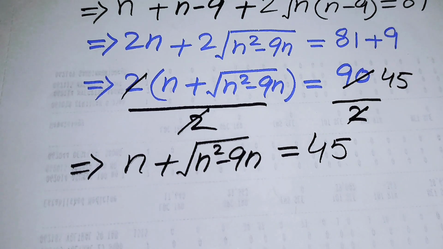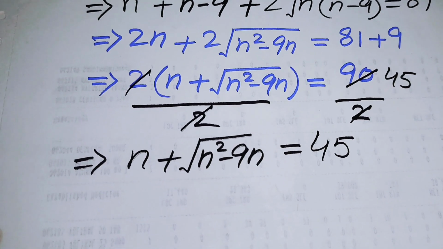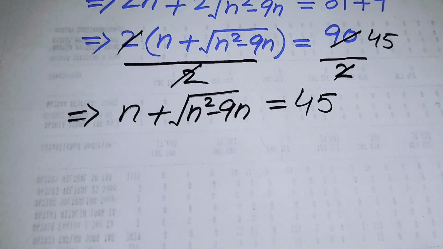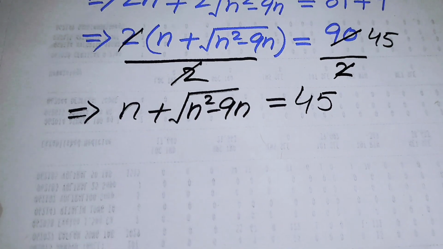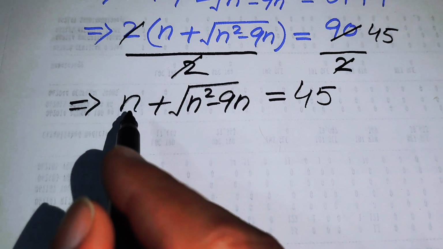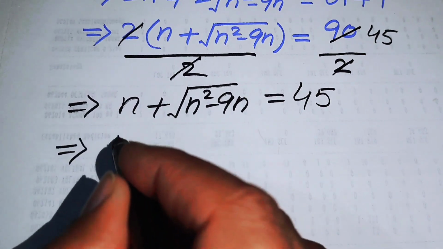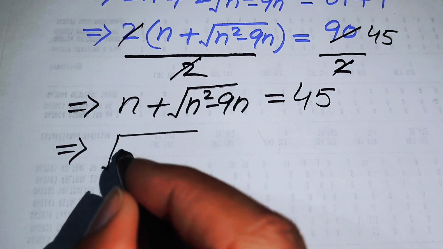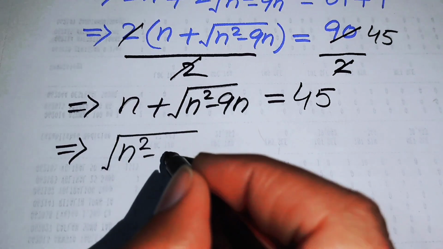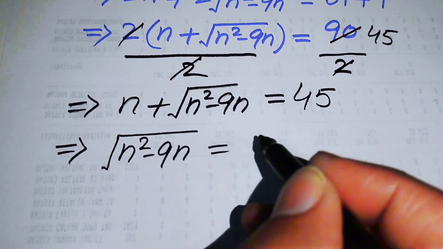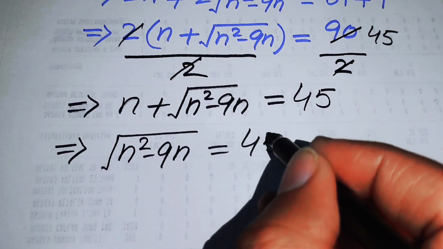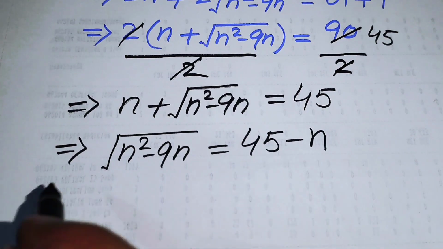And in the next step we again take the square on both of the sides, but first we move this n to the right hand side and we keep the square root term on the left hand side, and you get square root of n square minus 9 times n equals 45 minus n.